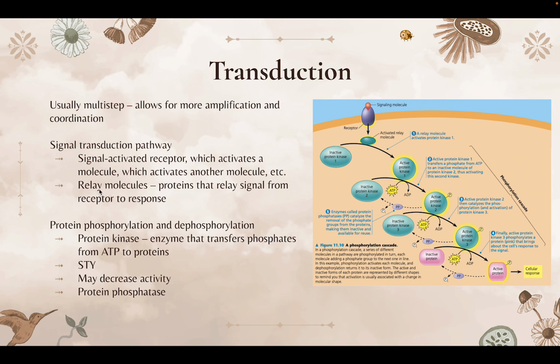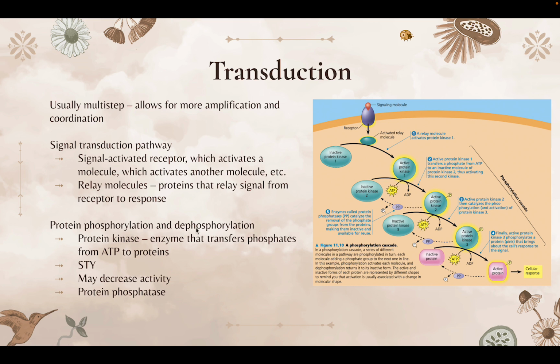You get these things called relay molecules, which are proteins that relay the signal from the receptor to the response. We would call all of these relay molecules because they're the intermediaries between reception and the response.